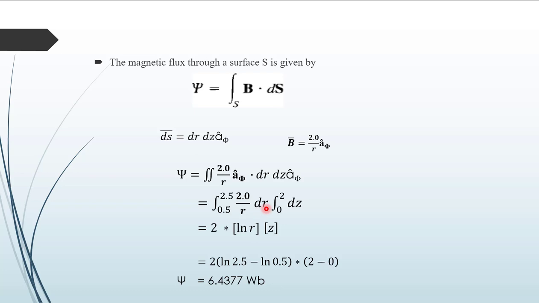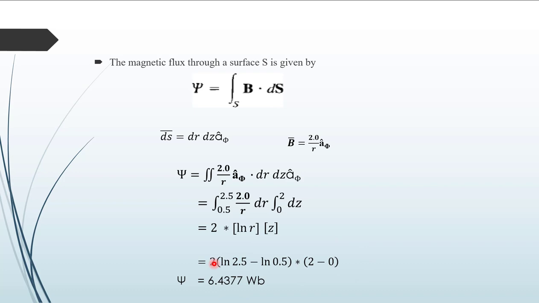So this 2 is outside the integration. Integration of 1 upon r dr is natural log of r, with limits 0.5 to 2.5, and integration of dz is z, with limits 0 to 2. If we put in the limits, we get 2 into the bracket natural log of 2.5 minus natural log of 0.5, times the z limits 2 minus 0.